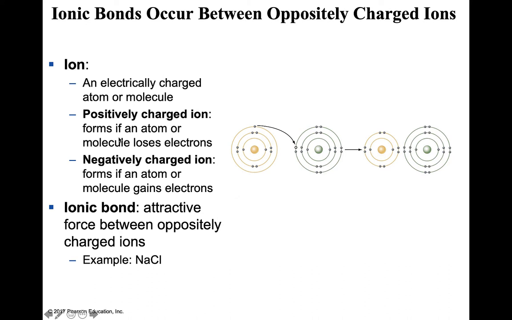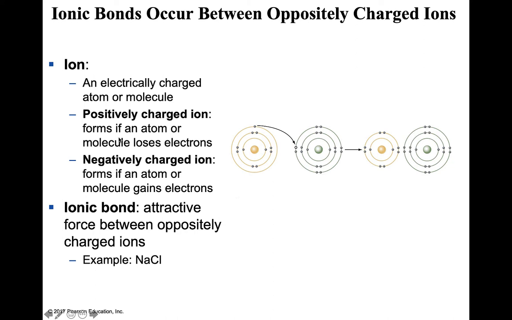Now, another type of bond is the ionic bond. These are formed through the transfer of electrons. One atom is going to be giving up an electron, whereas the other atom in that molecule will be accepting the electron. That's really what we're looking at with regards to a transfer.